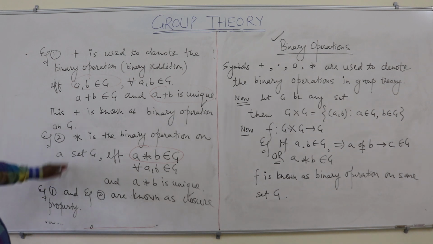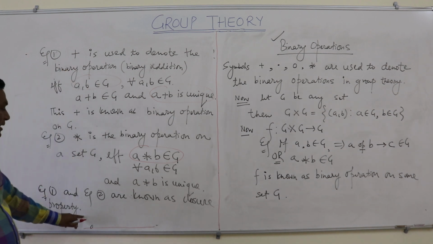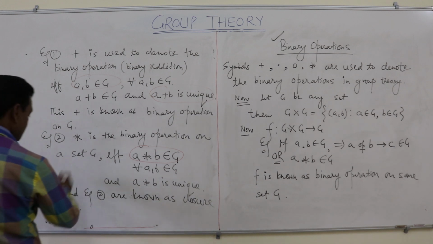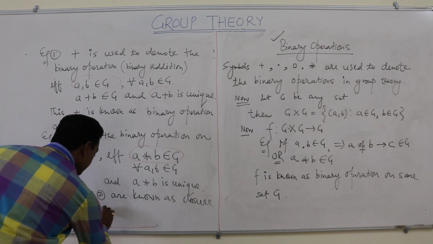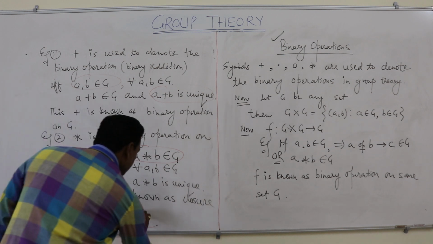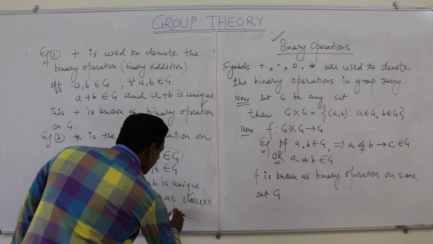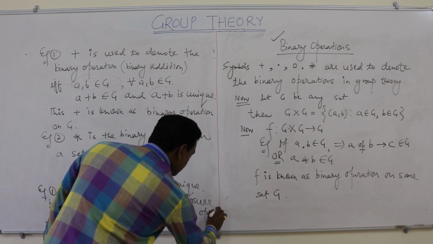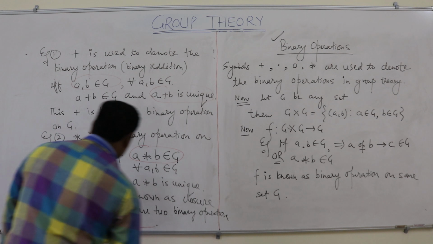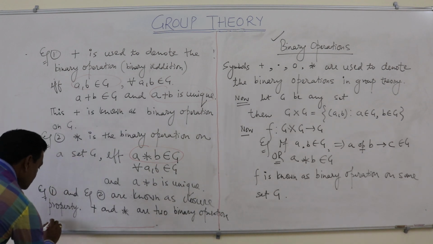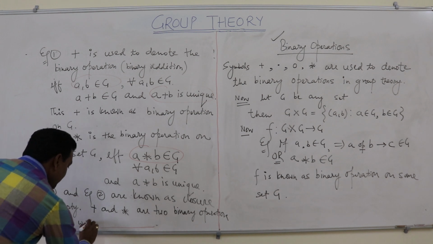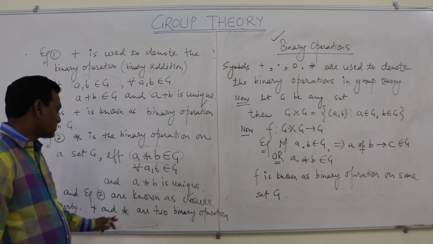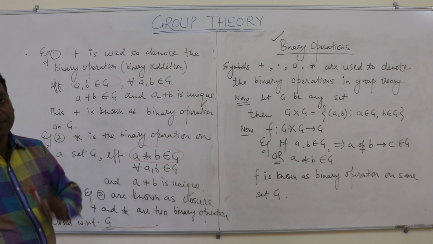Closure property means plus and multiplication are closed with respect to G. So plus and multiplication are two binary operations closed with respect to some G. Or we can say this set is closed with respect to plus and multiplication.